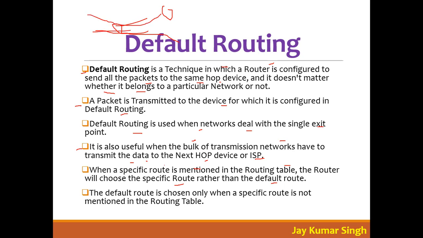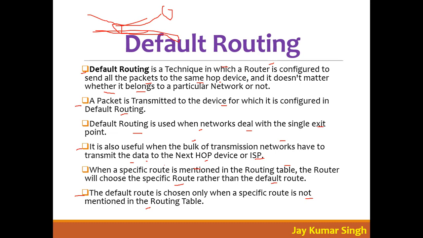If a route is available for that destination in the routing table, it will follow that route. If the route is not available for that destination, then it will follow the default route. The default route is chosen only when a specific route is not mentioned in the routing table.